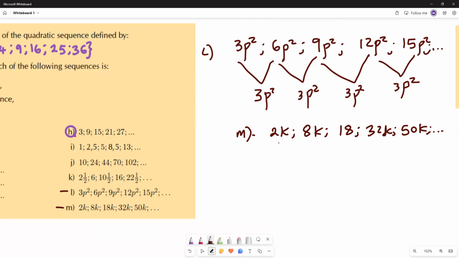And then we have to do our differences and see what we have. 8 minus 2 is 6K, 18 minus 8 is 10K, 32 minus 18 is 16K, and then this minus that is 28K, right?